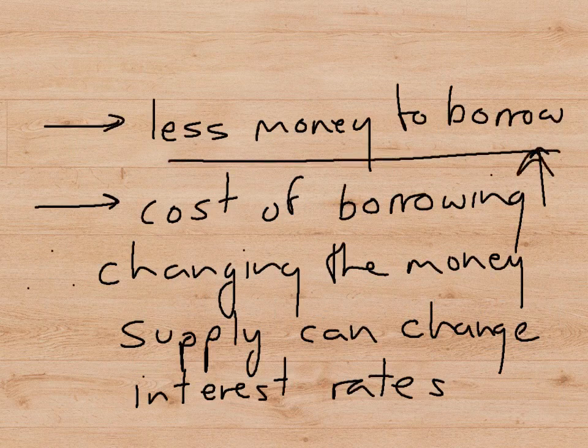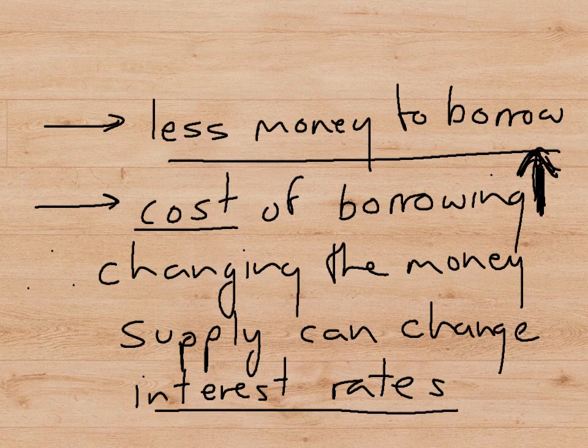Now when there's less of anything, its price usually goes up. And that's exactly what would happen here. If there was less money to borrow, the cost of borrowing, which is the interest rate, would rise. So therefore, what we can say is that changing the money supply can change interest rates. If we reduce the money supply, we can cause interest rates to go up.